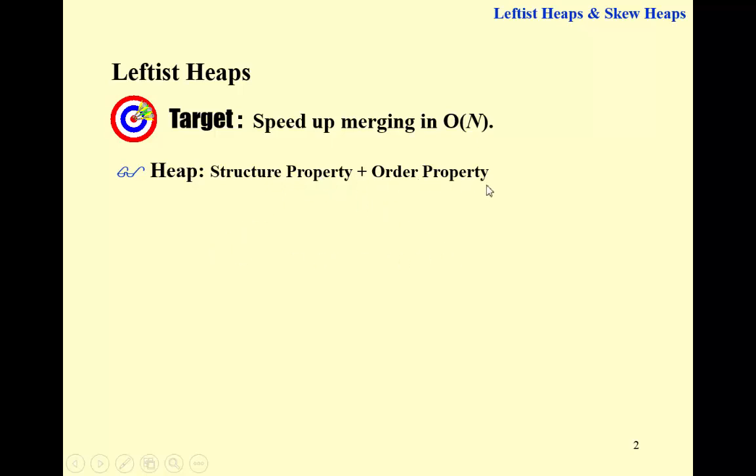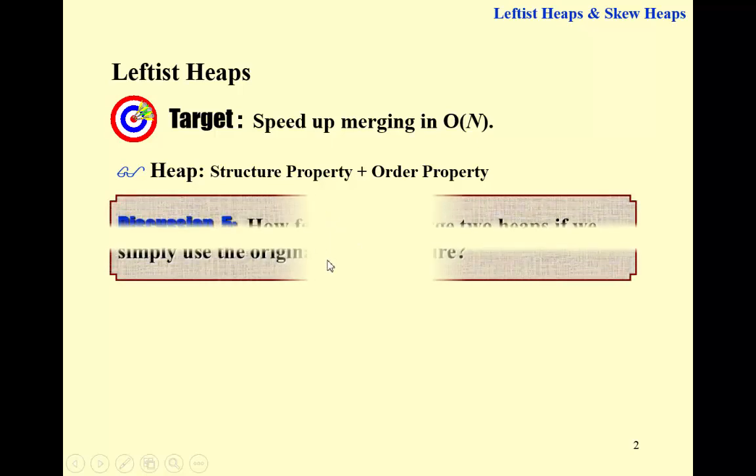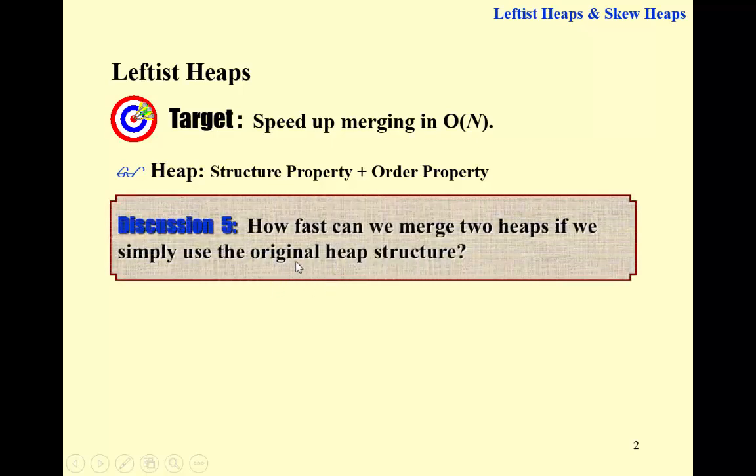The other property means that the key value in each node is no larger than the key values in its children if it's a min heap, or no smaller if it's a max heap. Now, here comes today's first discussion topic. How fast can you merge two heaps if we simply use the original heap structure? Now I'd like you to pause the video and think about it.